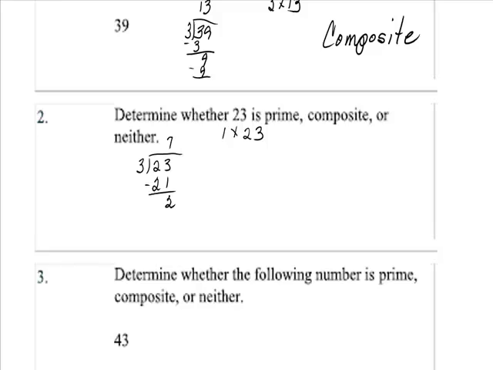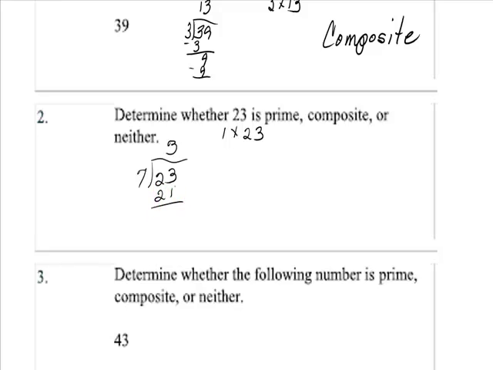4 is even, so it doesn't go in. 5, no, it doesn't end in a 5 or 0. 6, no, it's even. Remember, even numbers cannot be factors of odd numbers. 7, well, I know my multiplication facts, and 7 goes in there 3 times, which is 21.